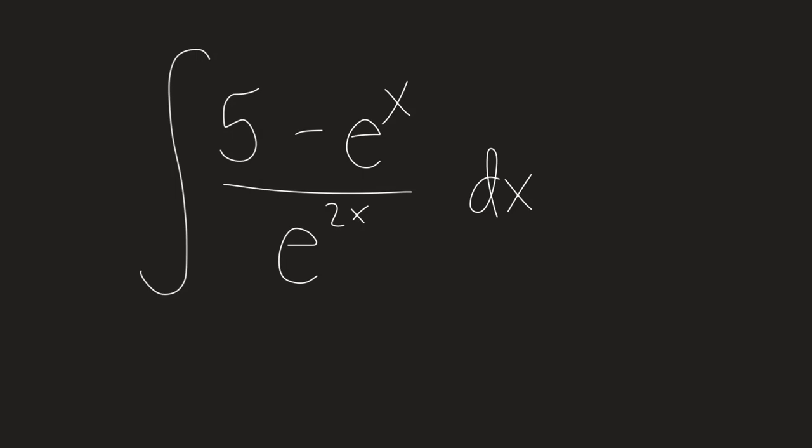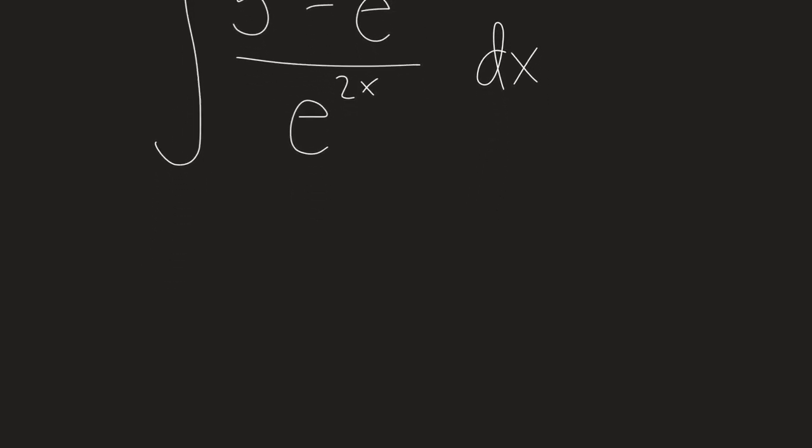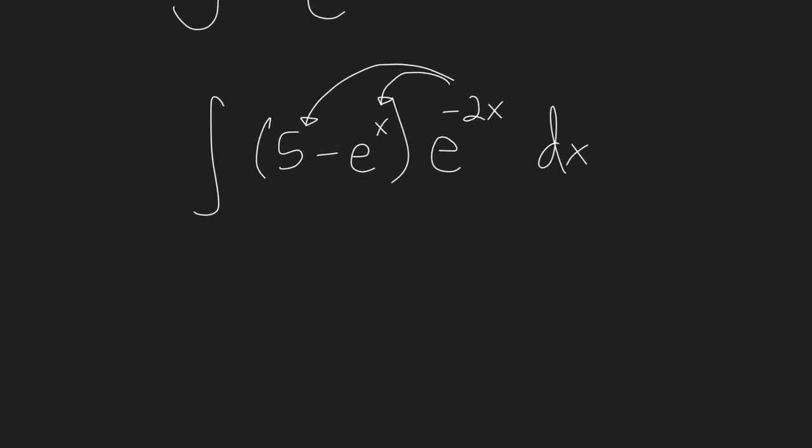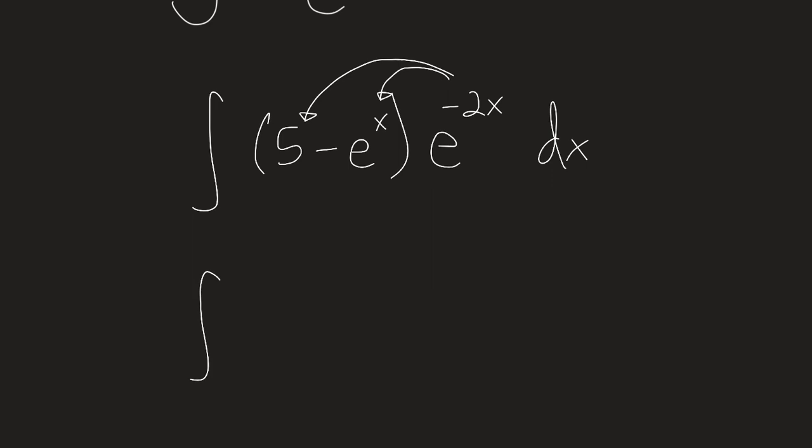There's a couple ways we can algebraicize this to begin with. Algebraicize is not a word, I know, but I want to say it anyway. So we're going to bring this up and multiply it by the e to the negative 2x. I'm taking my e to the 2x from the denominator to the numerator so that I can distribute it into both of my parentheses, my subtraction.